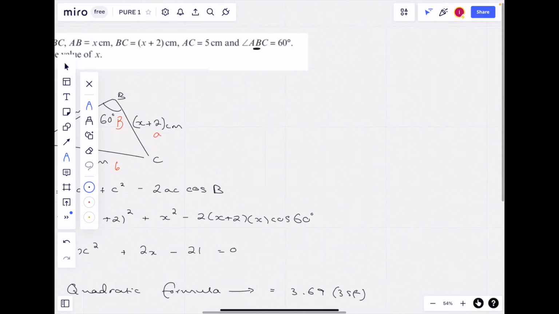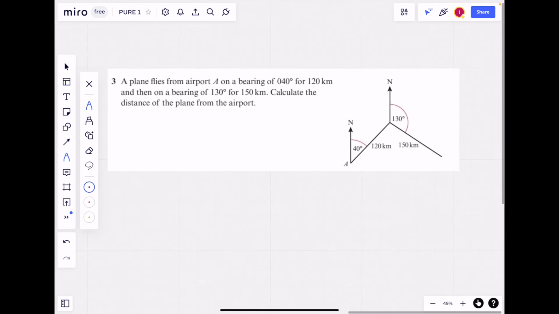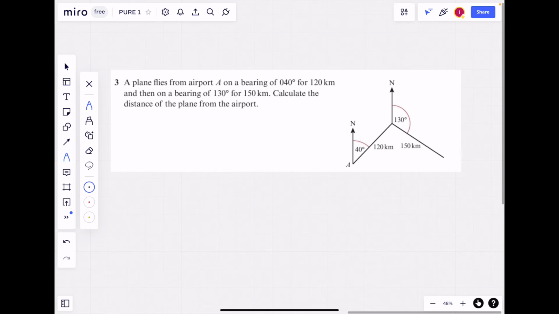Okay, have a look at this one. This one makes use of bearings, which a lot of my students in the past have said that they find difficult. So this one's really worth going through. Try it for me, please.